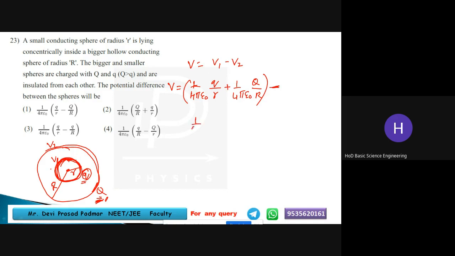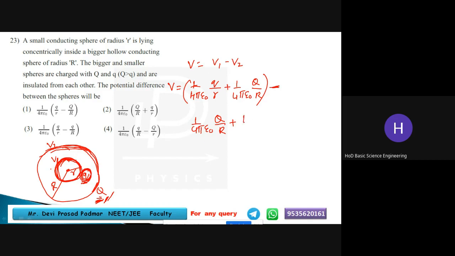And V2 is 1 by 4 pi epsilon naught, Q by capital R, which is the potential on the outer surface due to its own charge, plus you have to consider the potential on the outer surface due to this particular charge, small q.